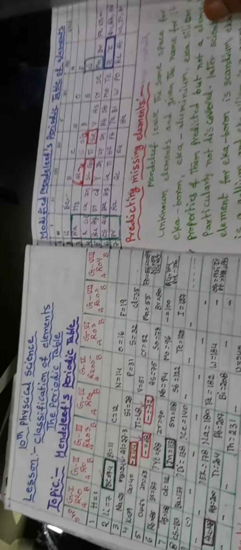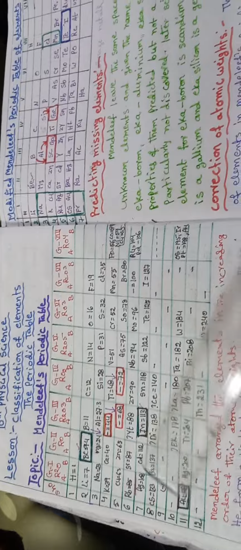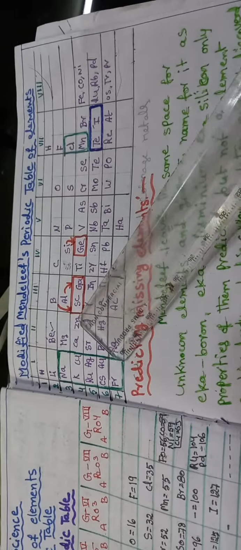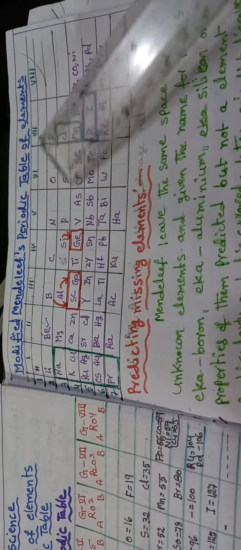After modifying this Mendeleev periodic table, we can see the change in the period number: 1 to 7 is there, and before 1 to 12 was there. Also, 8 groups are there here, and before also 8 groups were there.